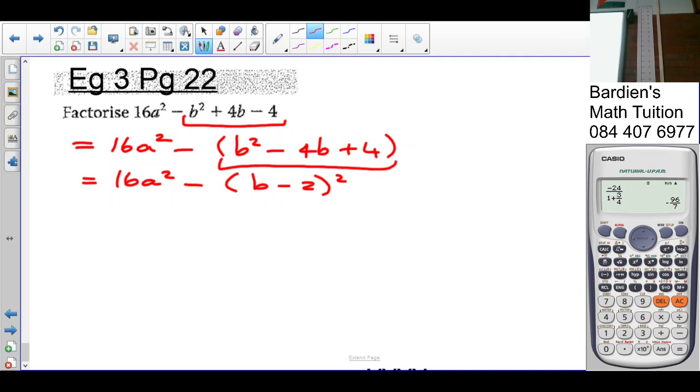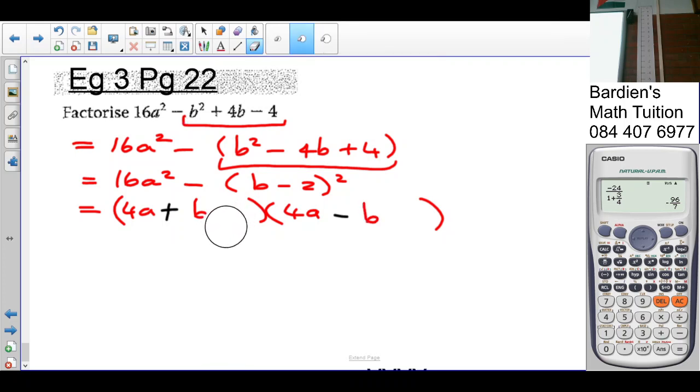So what do we do now? Difference of squares. So it's going to be (4a + b)(4a - b), one plus, the other minus. b plus 2, no, not b. Must be minus 2. You see, now when I want to do fast maths it goes like this.